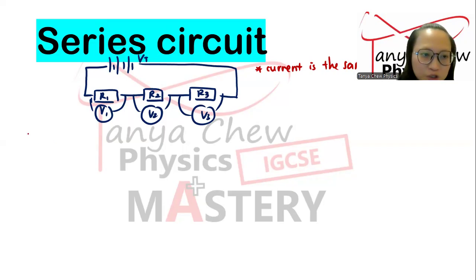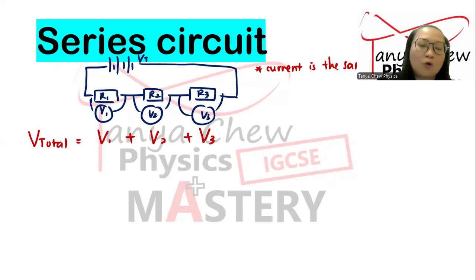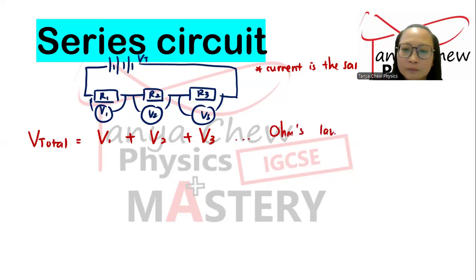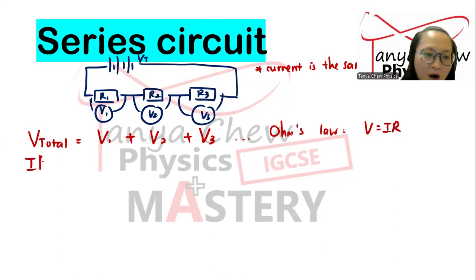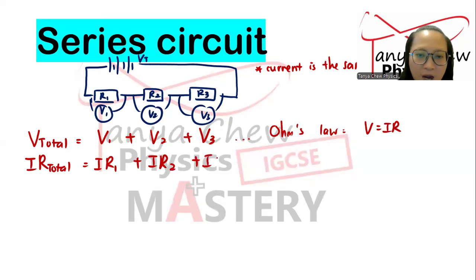But the total potential difference, total voltage or the EMF, is equal to the sum of all the PDs across the resistors. So using Ohm's law, V equals IR. So V total is equal to IR total, which is IR1 plus IR2 plus IR3.